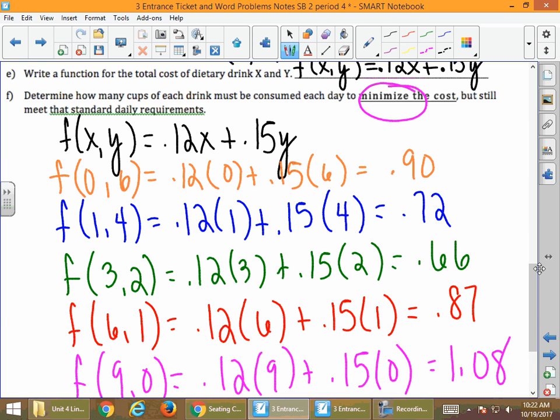What this means is, if we drink all of drink Y, in this first equation, that's going to cost us 90 cents. But what we're looking for here is the smallest value, which happens to be in green in this case. 66 cents is going to be our minimum value.